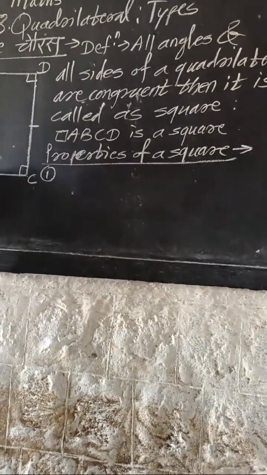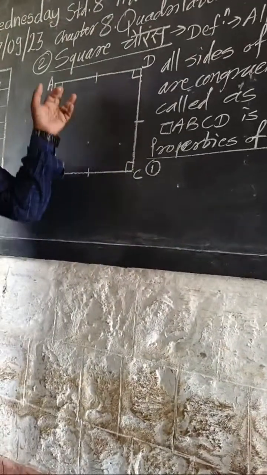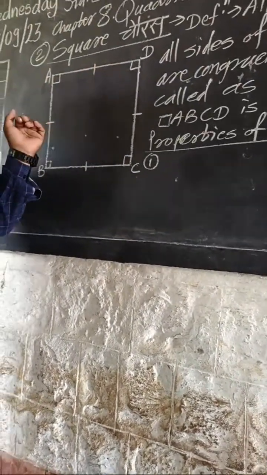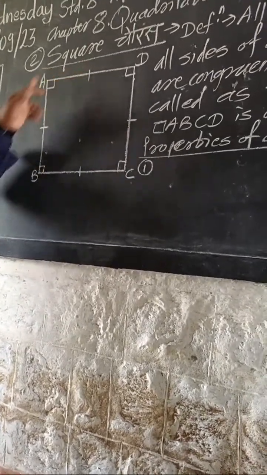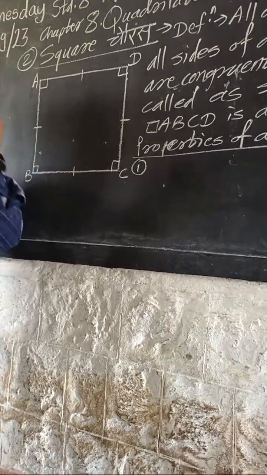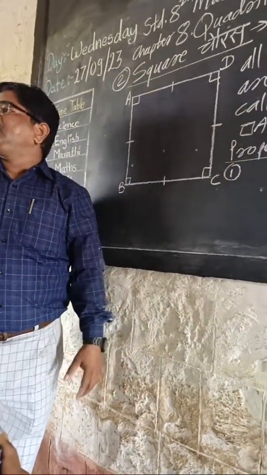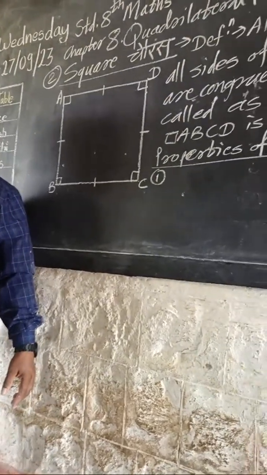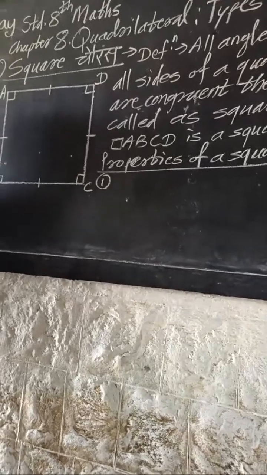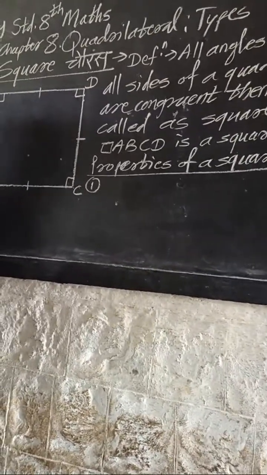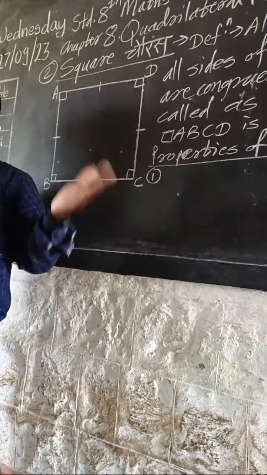All angles are congruent, so there is no property for angles. All sides are also congruent, therefore no property for sides. Then for which term do we discuss the property? Yes, correct, diagonals. We discuss the property of the diagonals.